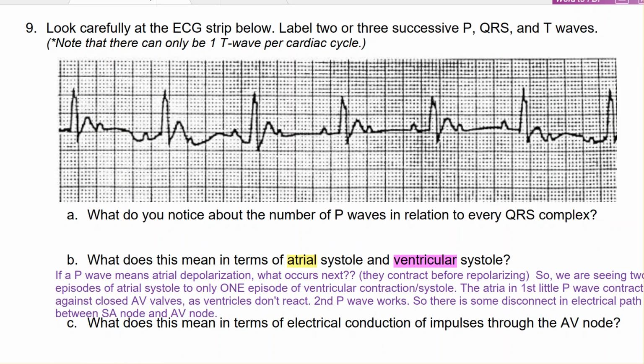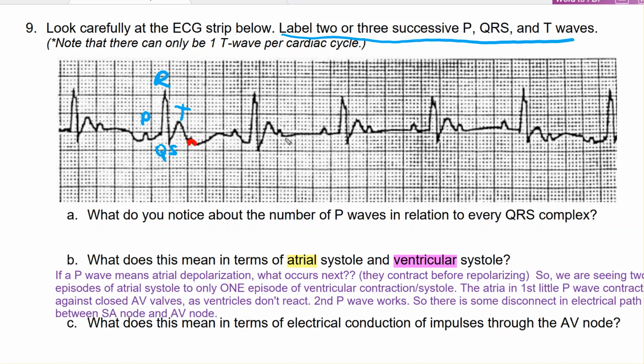Question 9 has another interesting EKG reading. The instructions have you label 2 or 3 successive P, Q, R, S, and T waves. Here I see the P, I see the Q, R, S, I see a T, right? But then I have this kind of other weird little thing right here.